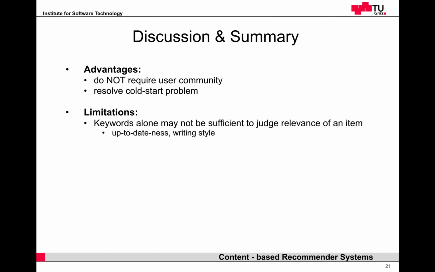The reason lies in the up-to-dateness of the keywords or in the writing style of the document. Sometimes the content is too short to extract useful information. Besides, some content may not be automatically extractable, such as multimedia items like songs or movies.